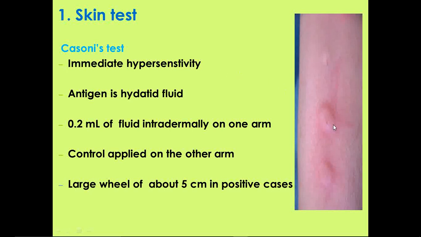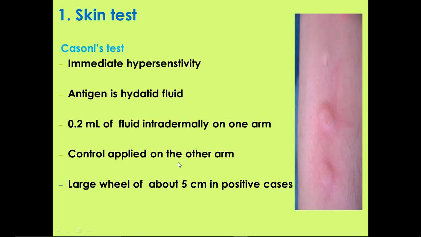Intradermal injection of 0.2 ml of a fresh sterile hydatid fluid produces within half an hour, in all positive cases, a large wheal with multiple pseudopodia, and it can fade in an hour.